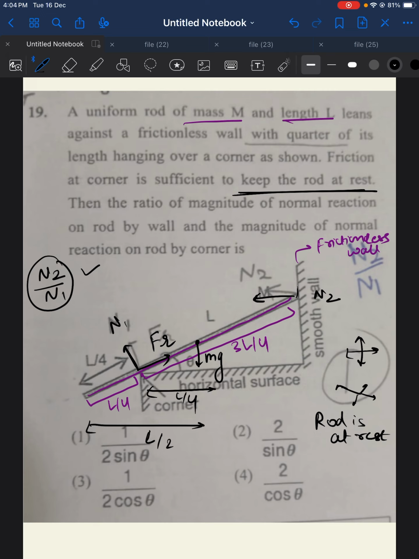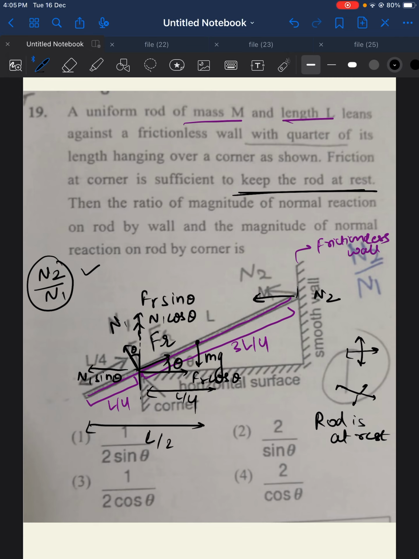N2 is already horizontal. For N1, if the angle between the rod and the corner is theta, then this angle is also theta, which will make this N1 cos theta and in this direction N1 sin theta, right? Same way we can resolve Fr here as Fr cos theta and here Fr sin theta, correct?